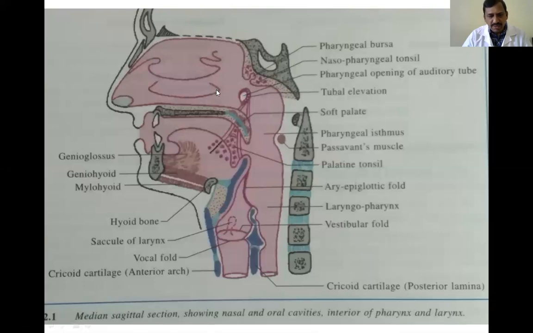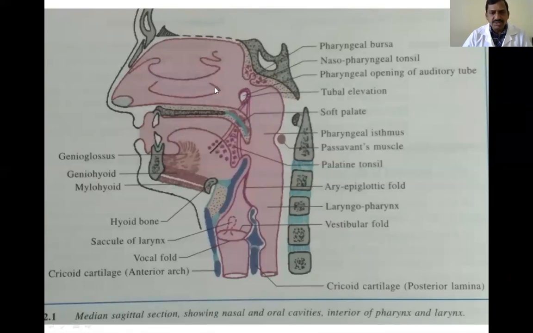That is just 1.25 centimeters posterior to the posterior border of the inferior concha. From here to here is 1.25 centimeters. That is the distance between the posterior extremity of the inferior concha and the opening of the auditory tube. Surrounding this, there is the tubal tonsil.